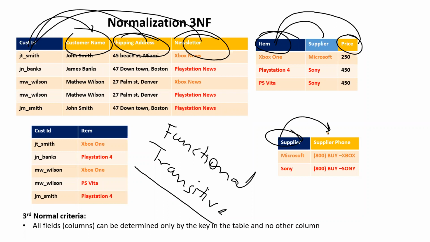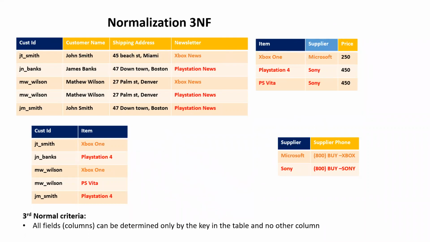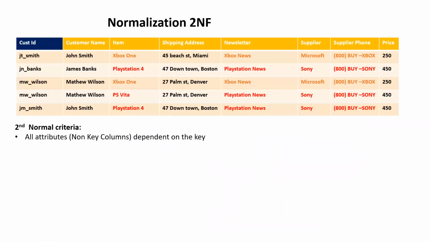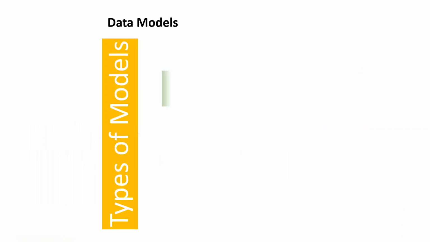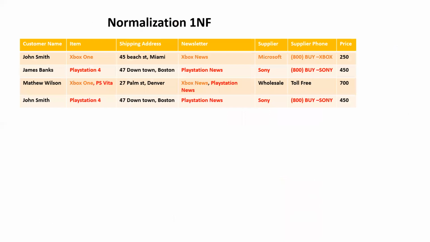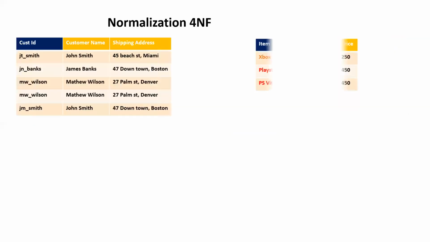Okay, so you can see that from a very big table which we had at the start, the denormalized table, which is this one, we converted this table to multiple small tables, right?